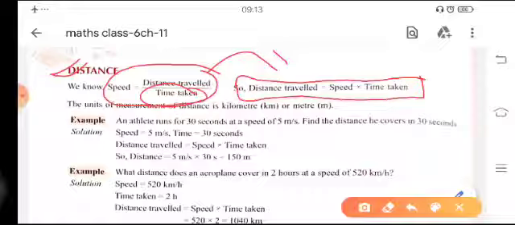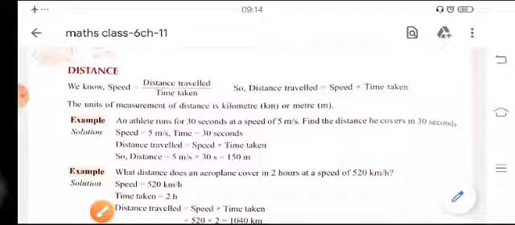If we take the time to the other side, it will be in multiplication. Here it is in a division, and when it goes to the other side, it converts into multiplication. So our formula will be distance equals speed into time.